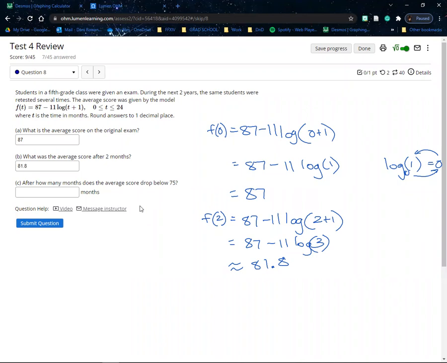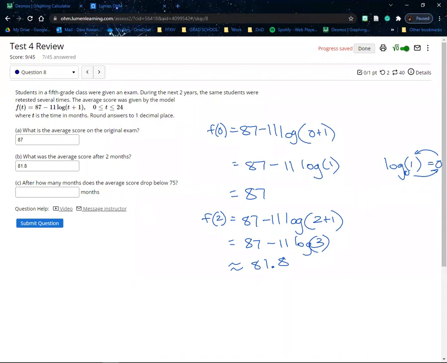What are we solving for? Are we solving for f of t like we were before? Or are we solving for t? Yeah, good job. T. We're solving for T.